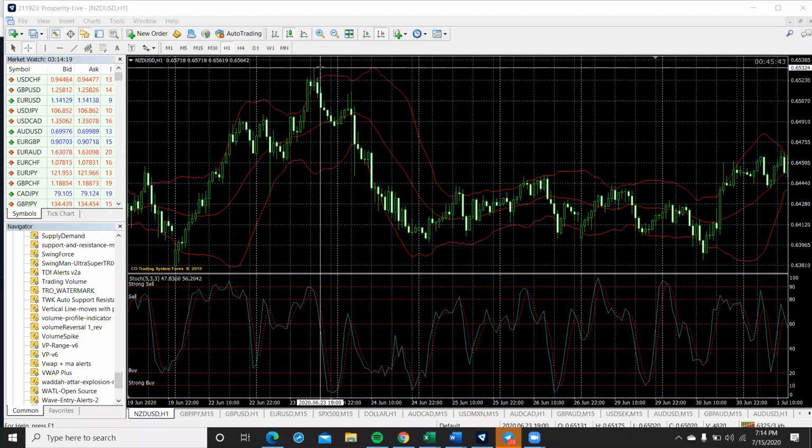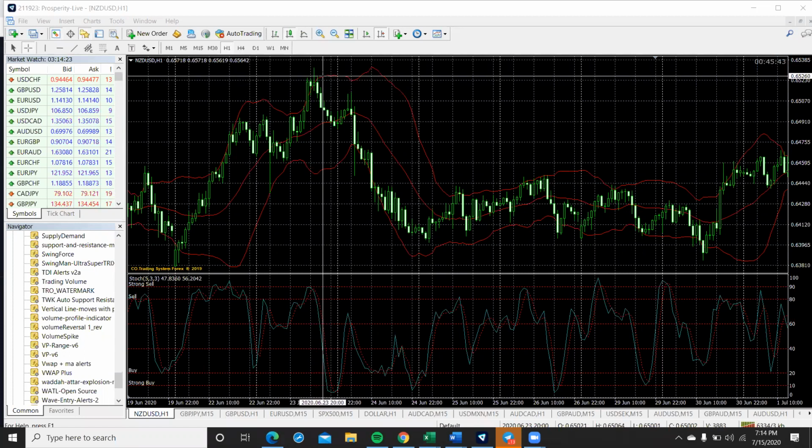Depending on your lot size, you could probably even go a 30 pip stop just to give it room to run. You're looking for 2 to 3 times your stop loss. So if my stop loss is 30 pips, I'm looking for anywhere from about 80 to 90 pips.